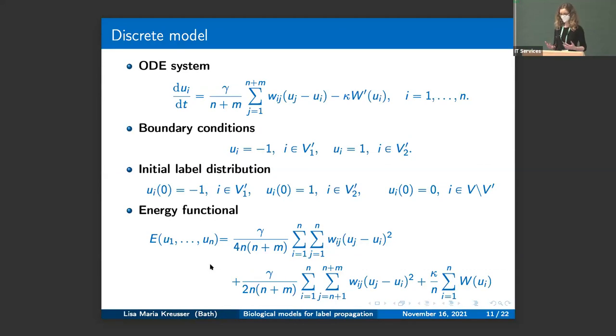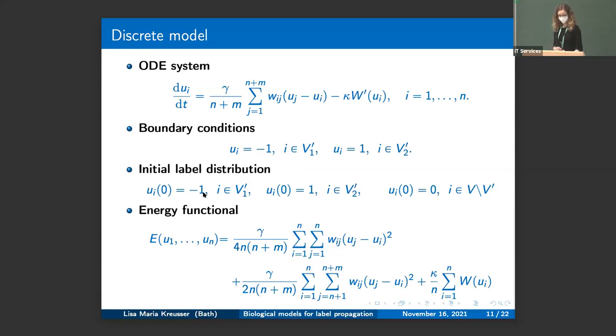And here, if you want to consider a rather unbiased approach, the idea would be that all the nodes which are already labeled would be in those sets V_1' and V_2', whereas whenever you don't really know anything about a point, then you might just consider homogeneous initial data. So you might consider u_i(0) being equal to 0.